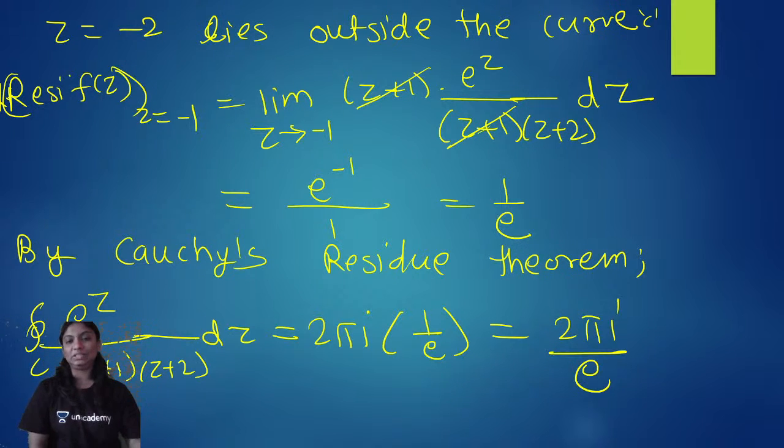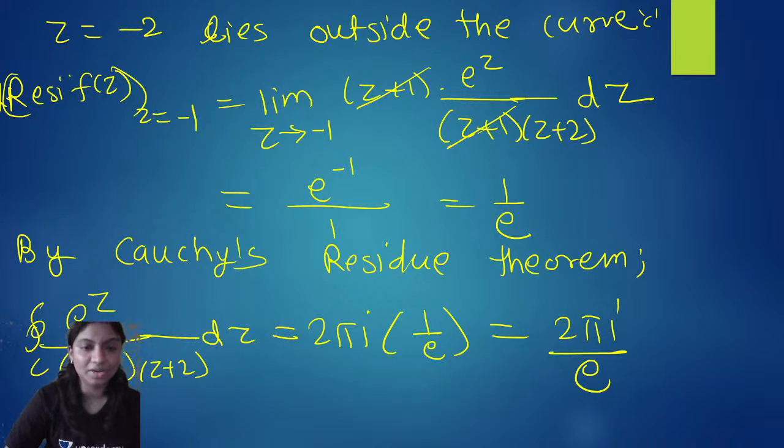In the first two lectures, we have seen how to evaluate the complex integral by using Cauchy's integral theorem and Cauchy's integral formula, and we have also solved examples on the Cauchy-Riemann equations. So you can solve any example on Cauchy's integral theorem, Cauchy's integral formula, Cauchy's residue theorem, or the Cauchy-Riemann equations.